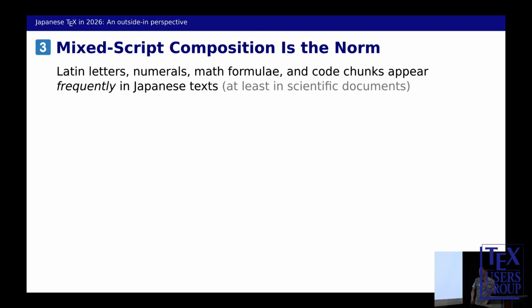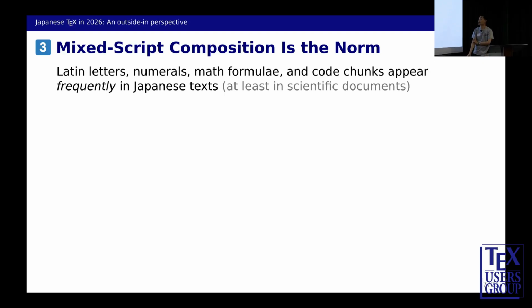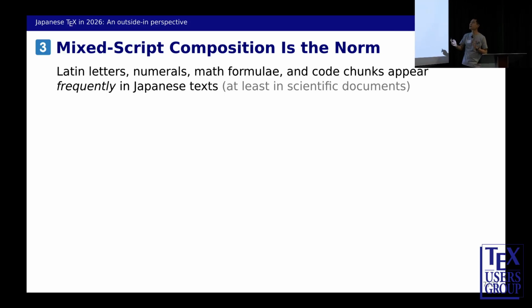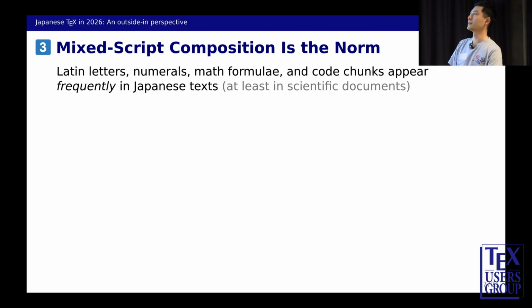And the last big group of differences between Japanese and English typesetting is the common situation of mixed script composition. Like I said, most Japanese documentation, specifically STEM documents, which typically use LaTeX, are scientific documents that also include Latin letters.